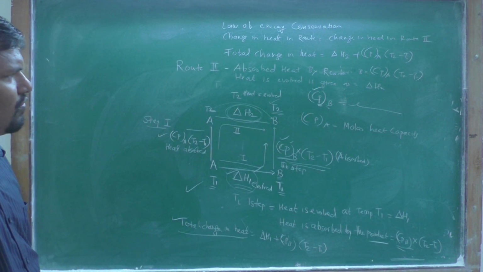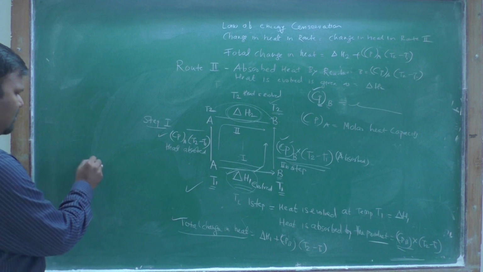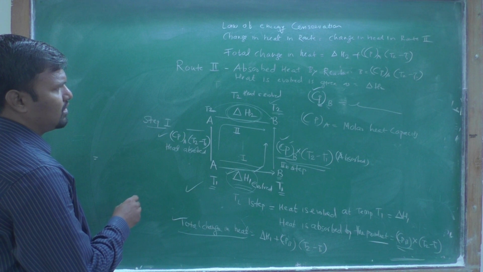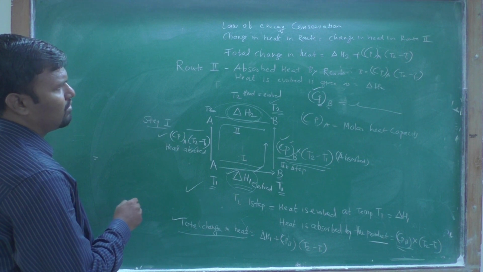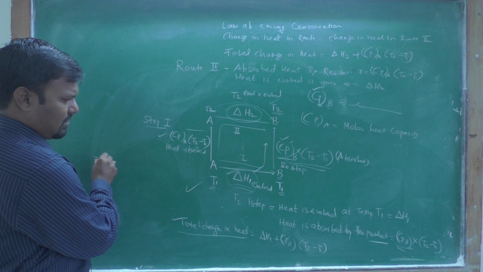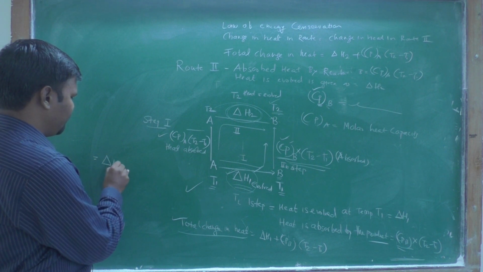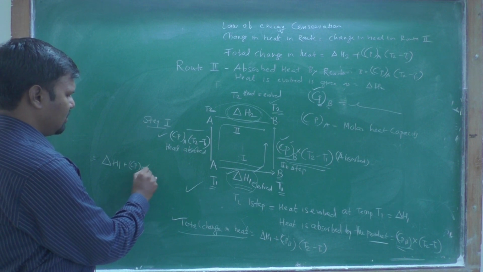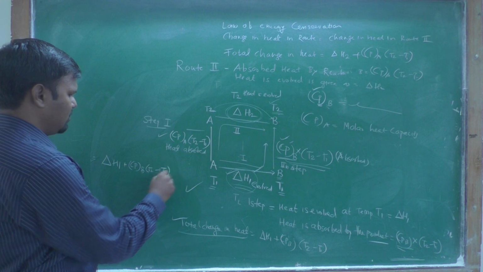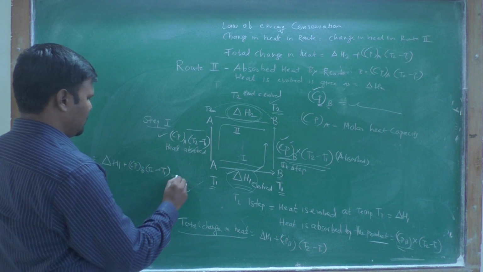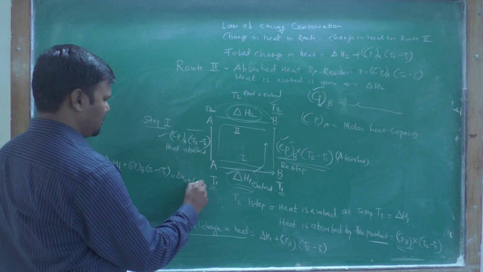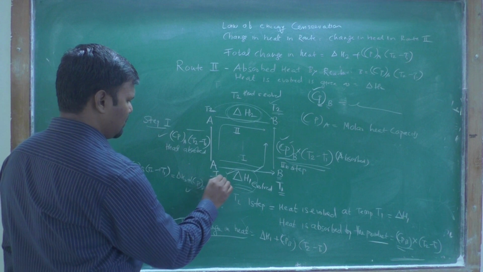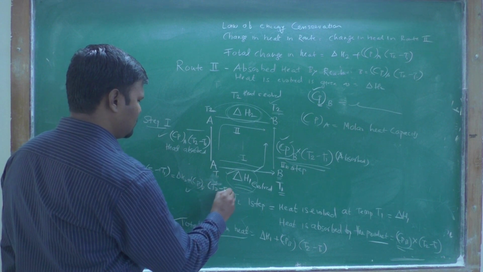Okay, by putting the values, you will obtain the change in heat in the first route is equal to delta H1 plus Cpb into T2 minus T1, equal to delta H2 plus Cpa into T2 minus T1.